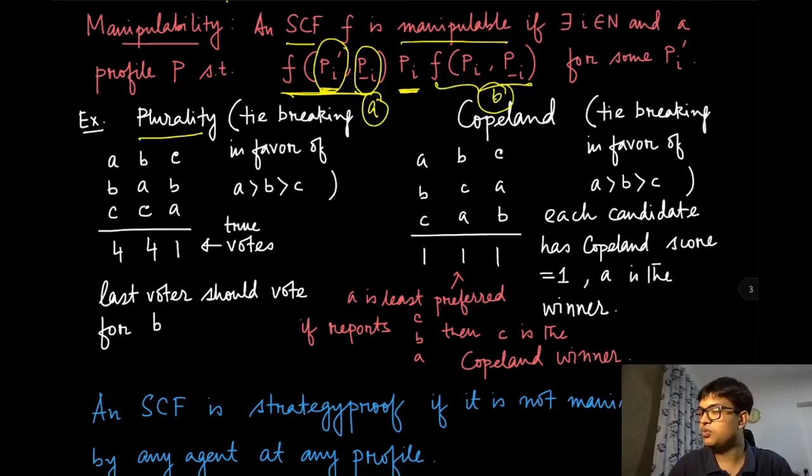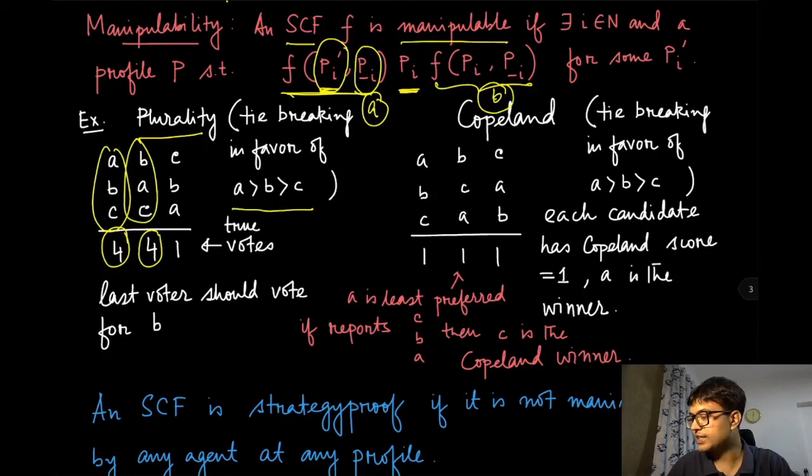So let's say that we are having this plurality where we are just asking each of these agents to report their most preferred candidate, and we are counting how many of them are there and breaking the tie in favor of A over B over C. So let's say there are 4 voters who have this kind of a vote, 4 voters who have this kind of a vote, and there is exactly 1 voter who has this kind of a vote. So what is happening is that it is being tied between A and B, and this last individual is sort of a tiebreaker.